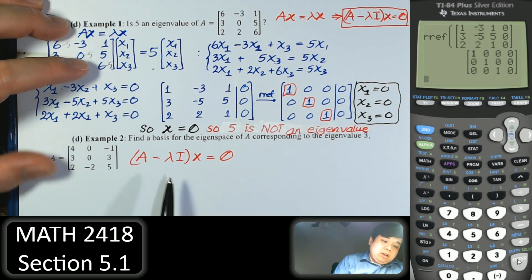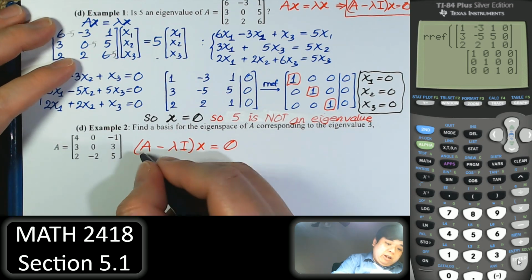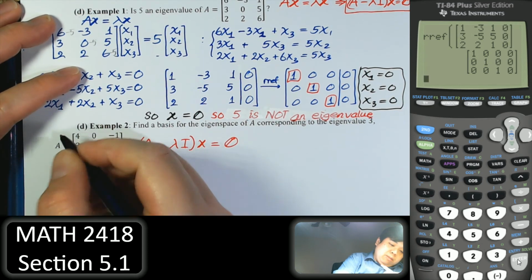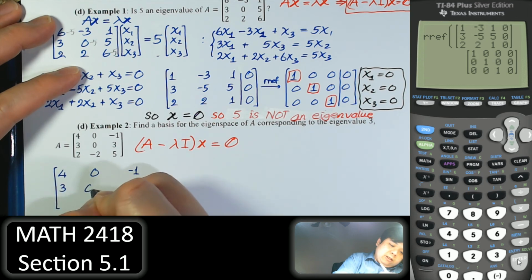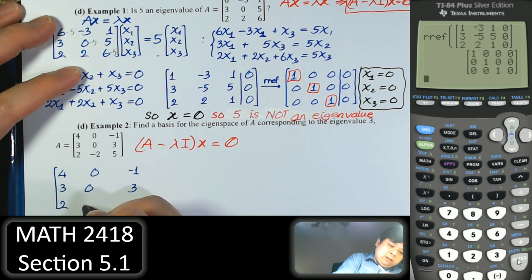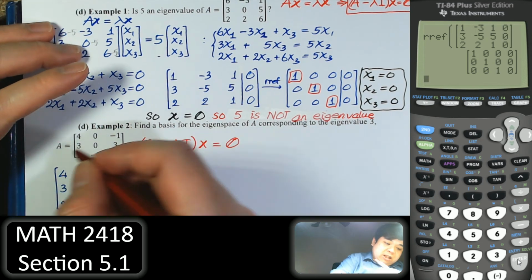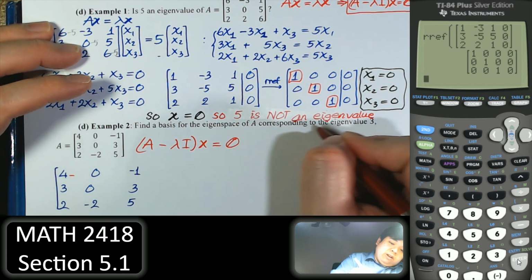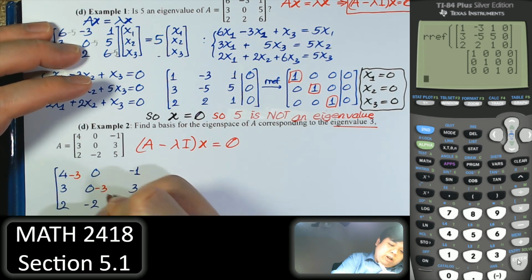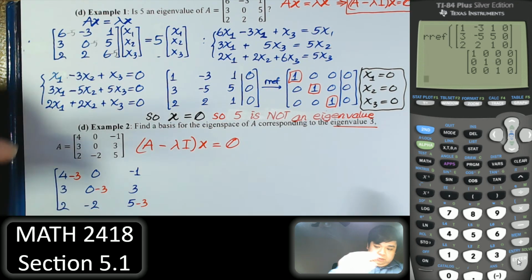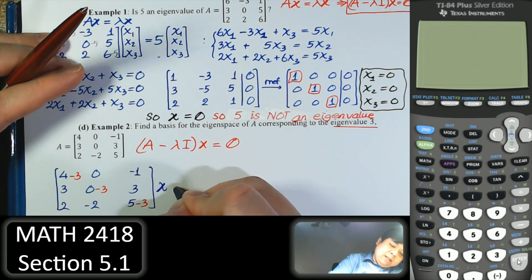Right. So we go with A minus lambda I, and we did mention before that A minus lambda I is just the matrix A, but we subtract lambda on the diagonal. Here the eigenvalue is 3, so you just subtract 3 on the diagonal, times x equal to 0.